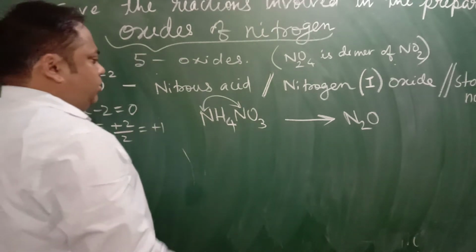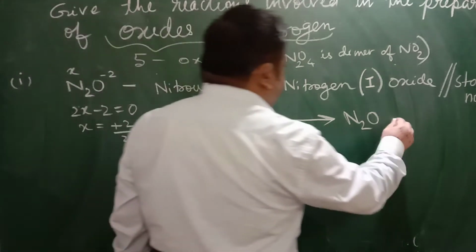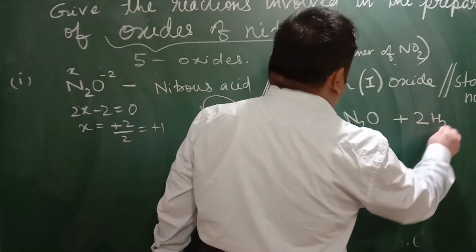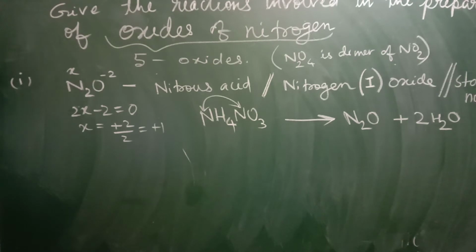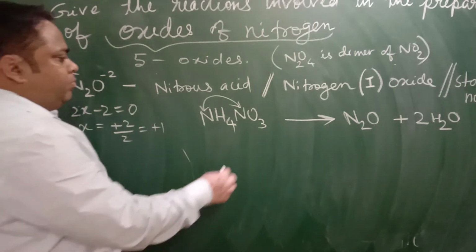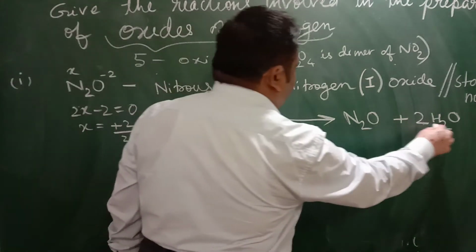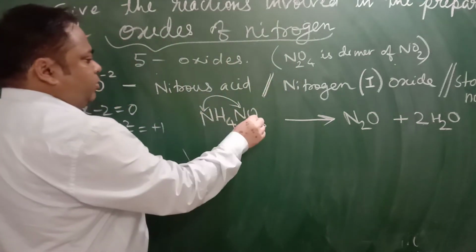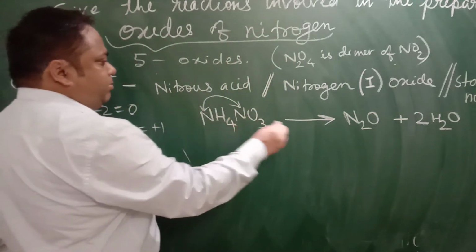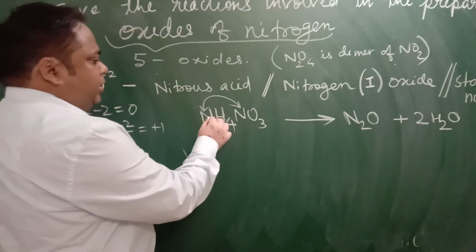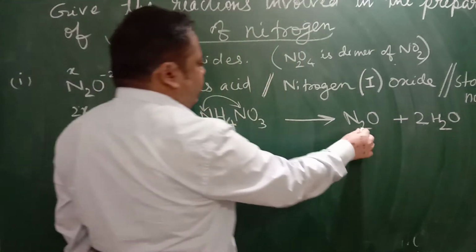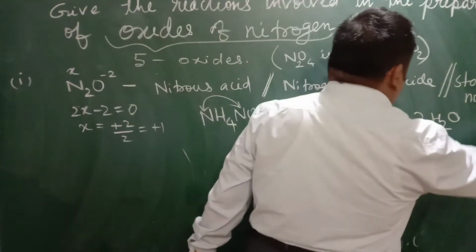Now water is remaining, so we can write 2H2O. If you count the number of hydrogen and oxygen on both sides, it will be the same. 4 hydrogen atoms, 4 hydrogen atoms, 3 oxygen atoms, 1 oxygen atom plus 2 oxygen atoms, 3 oxygen atoms, 2 nitrogen atoms, 2 nitrogen atoms. So it is balanced.